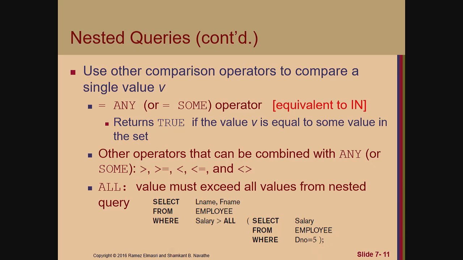So we get the result as a one column table, just salary from department number 5. So we maybe get $1,000, $2,000 maybe, and the final result must show people who have salary more than all of the employees in department number 5.